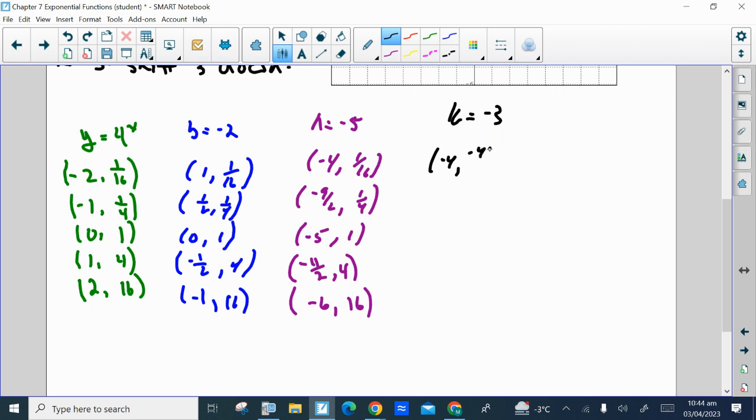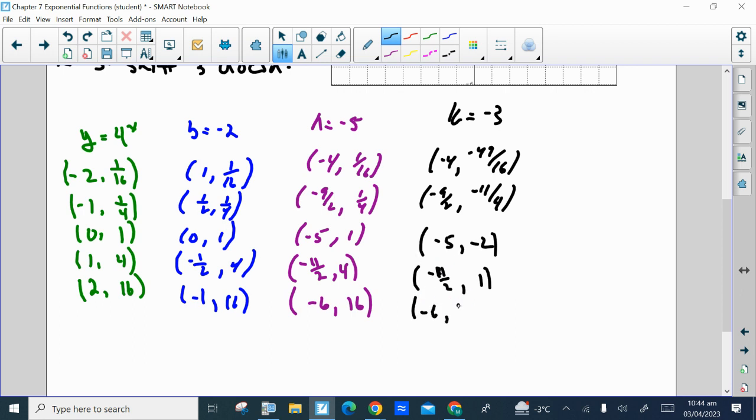So 1 take away 48 is negative 47 over 16. 1/4 take away 3 would be taking away 12/4. That's negative 11/4. Positive 1 take away 3 is negative 2. Positive 4 take away 3 is positive 1. And 16 take away 3 is positive 13.